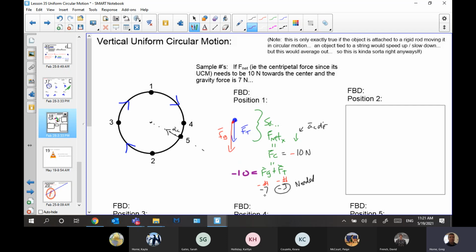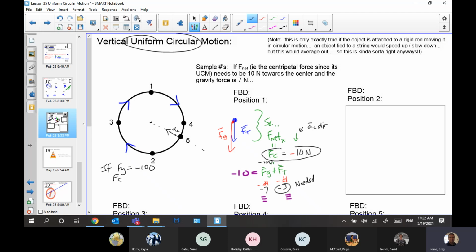So these are just numbers. If gravity was only minus 7, then there'd be this additional force of 3 needed, right? I can't say if gravity was minus 100, because then it wouldn't be in uniform circular motion. Well, actually, it could be. What would the tension force have to be if the gravity force was, I'll just do this. If Fg equals minus 100, and we still need Fc to be minus 10, right?